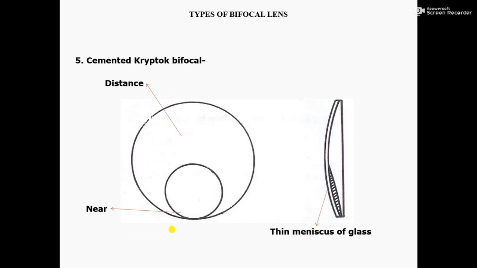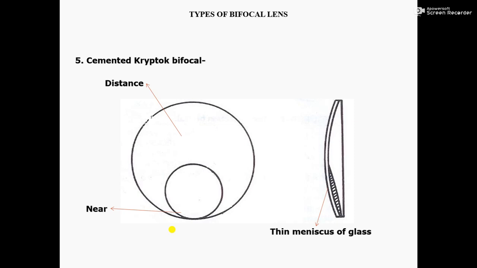Next, cemented cryptic bifocal. Here it is manufactured by grinding a countersink. Countersink means a drilled hole curved into the front surface of the major lens of ophthalmic ground glass. After that, a wafer of flint glass was cemented into the countersink area. Flint glass is an optical glass that has a relatively high refractive index and low Abbe number.